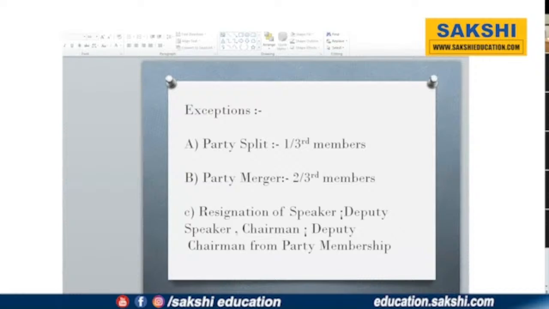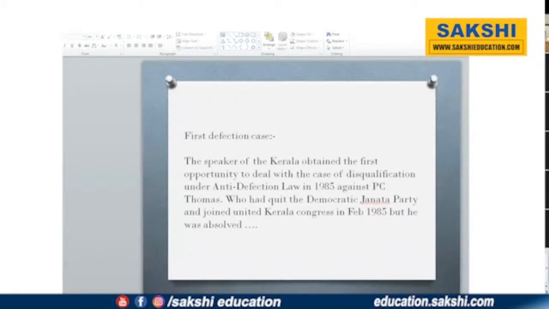Now, let me explain the first case that came after this anti-defection law was enacted.